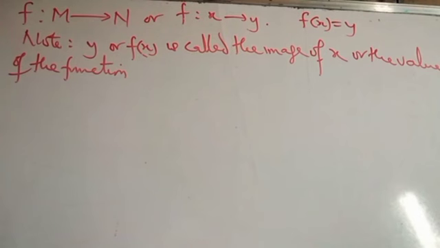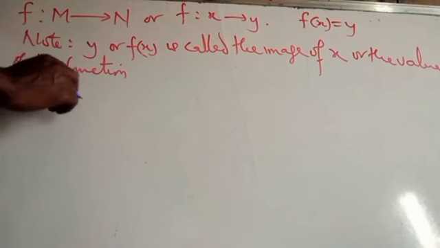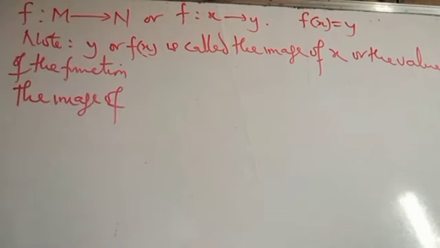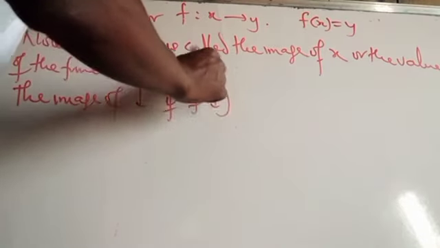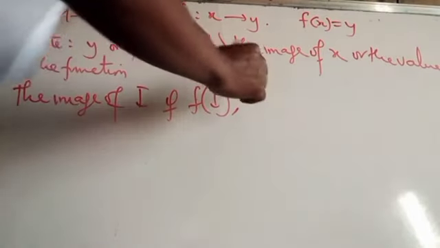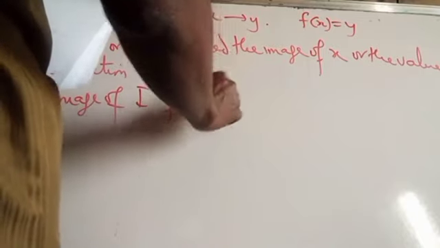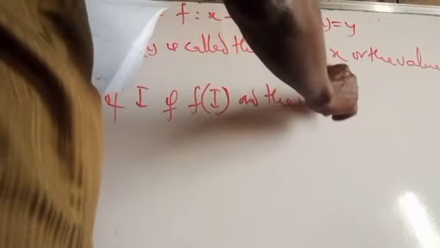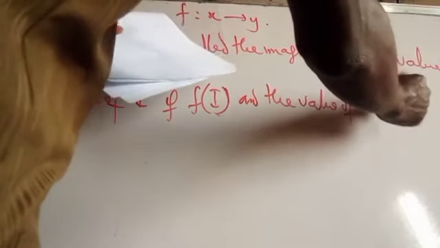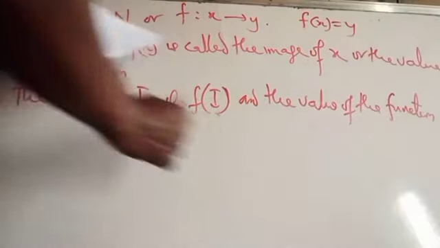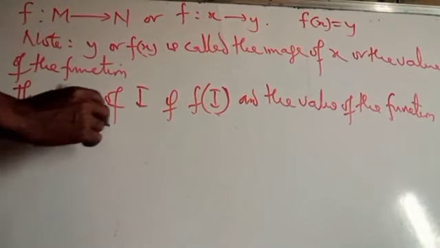Now, for example, let's look at this example. The image of I, if F of I, and the value of the function at x equals a is F of a.